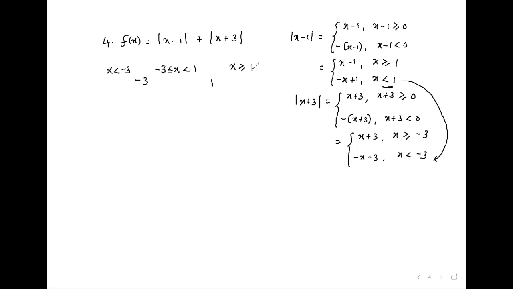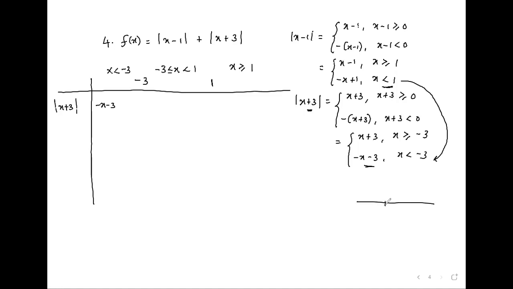So for x less than minus 3, you get this function, minus x plus 1 and minus x minus 3. Now, when x is greater or equal to minus 3, I've seen numbers. Look, this is minus 3, this is 1. X could be bigger than minus 3 going inside.